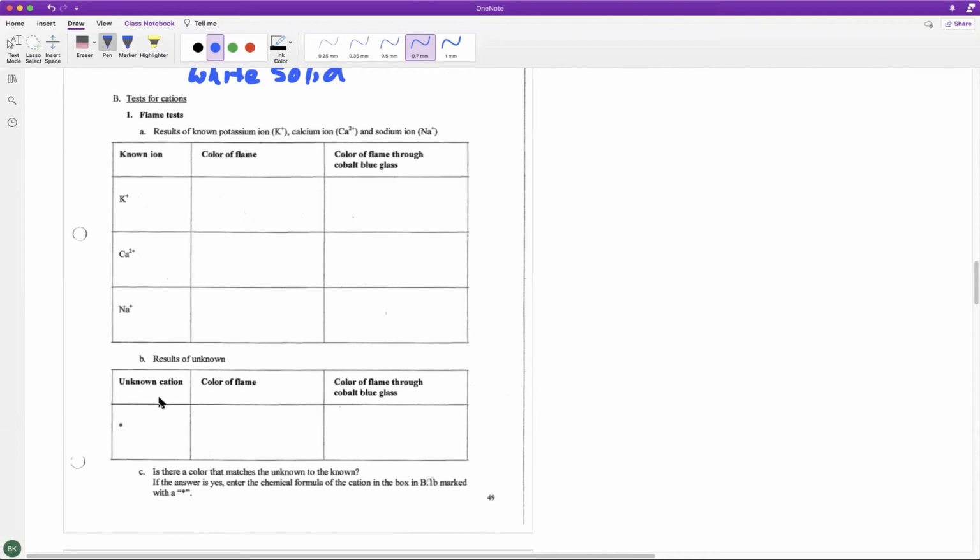And then Dr. Dang is going to take the unknown solution, so this is going to be unknown B, and you're going to observe, does that have a specific color that was similar to the colors that you saw here, and then what was the color through the blue glass? So this is a test for these three different ions, okay? So if it's one of these three ions, hopefully it will show a similar color here. If it's not one of these three ions, then you may see a different result. So that's what you're going to do in this particular part of the test.